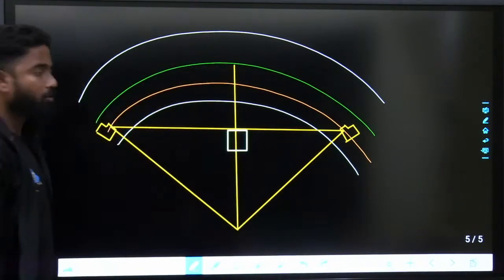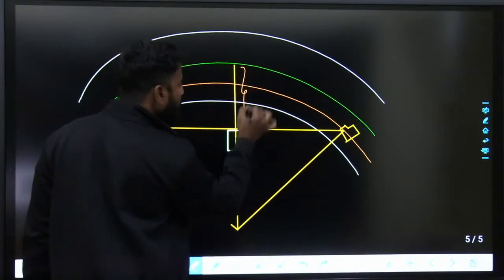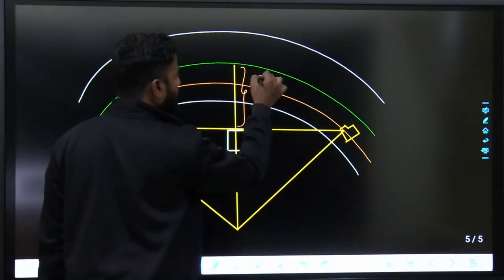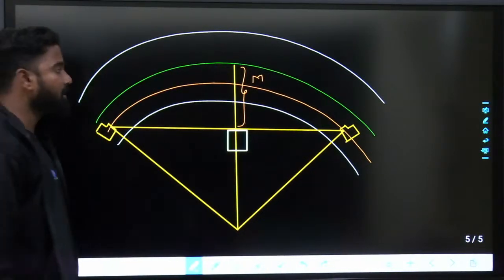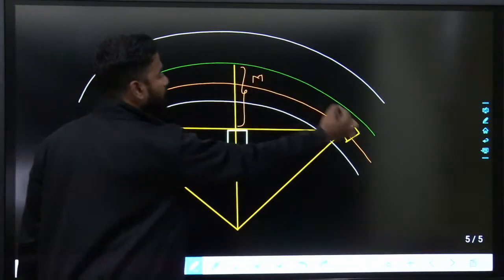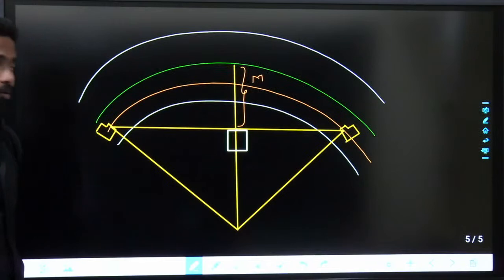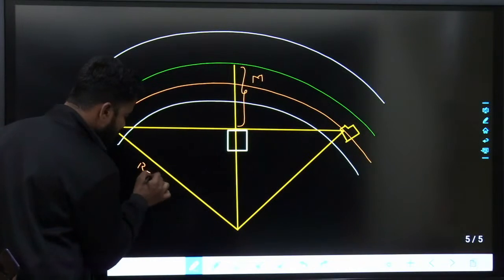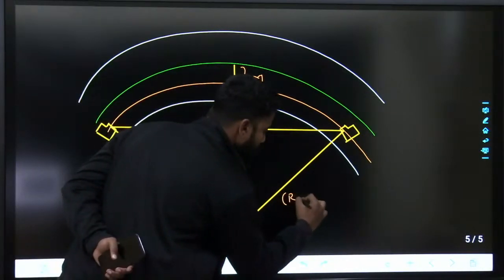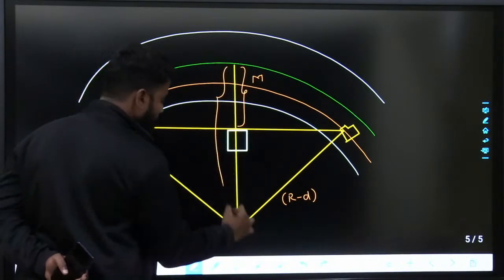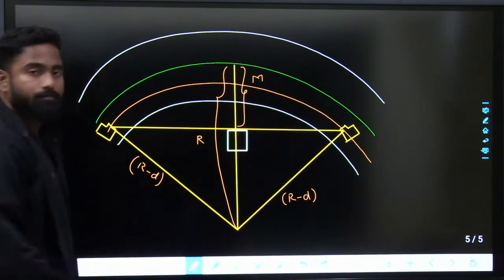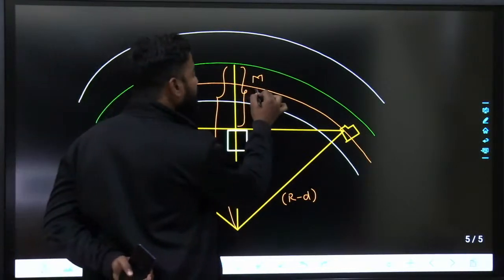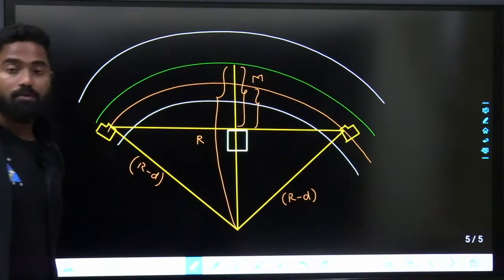Building will be kept over here, and we are calculating M from here. So whenever we talk about setback distance we take it from the center line of the road. If they ask, this value is R minus d, this is also R minus d, and from here to here the whole thing is R, right? But sometimes in the question they may ask for the setback distance from the center line of the inner lane.